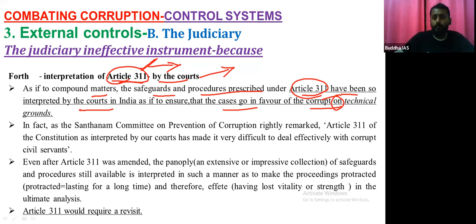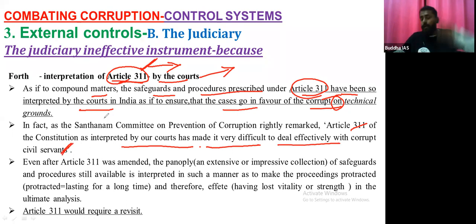In fact, the Santhanam Committee on Prevention of Corruption rightly remarked that Article 311 of the Constitution as interpreted by our courts has made it very difficult to deal effectively with corrupt civil servants. So here we are talking about the people who are in the higher hierarchies, the senior bureaucrats.